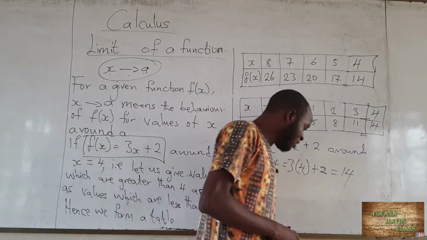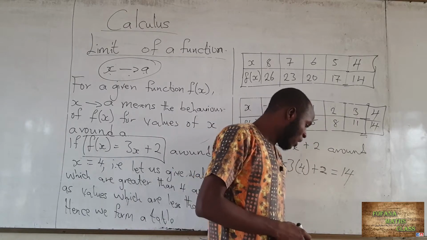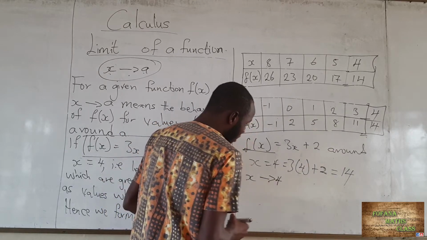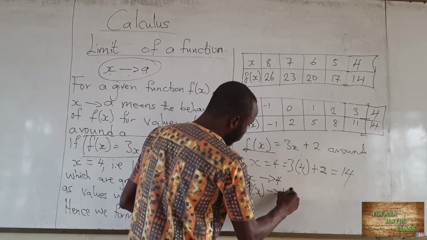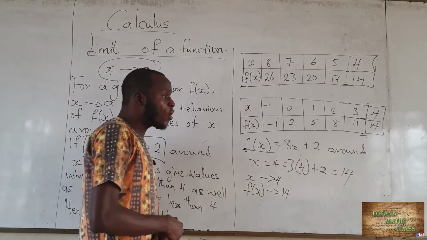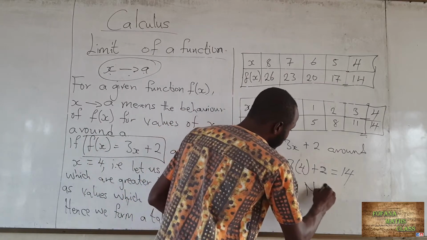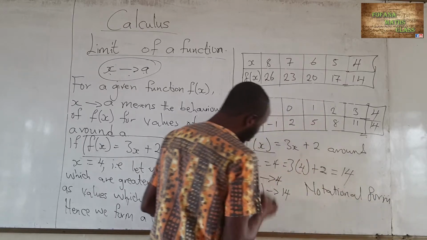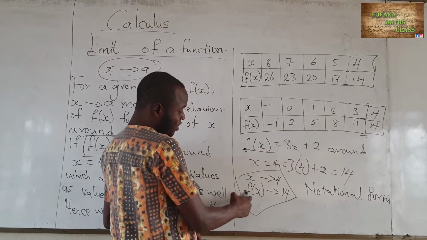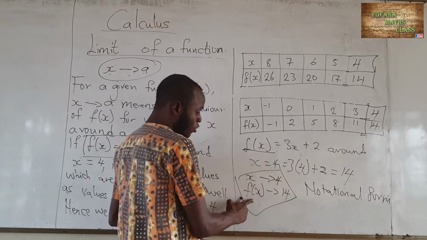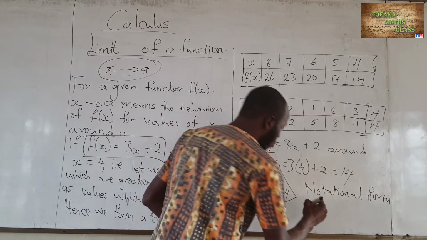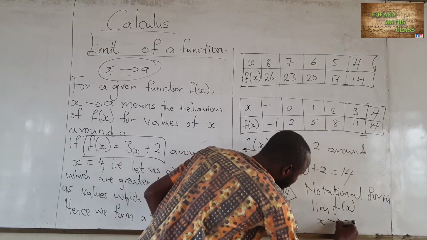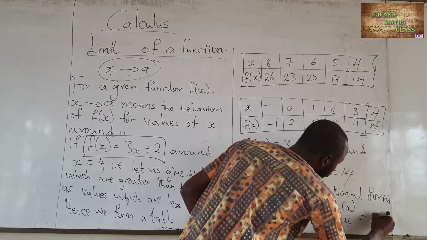Now the next thing we'll look at: if x is approaching 4, then f of x is approaching 14. In notational form, instead of writing it this way, as x is approaching 4, f of x is approaching 14, this is written as the limit of f of x as x approaches 4 is equal to 14.